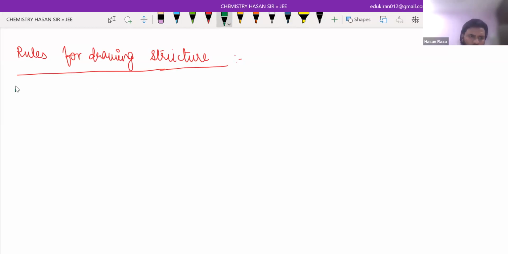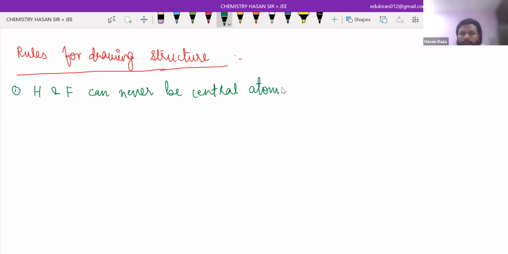The first rule says that hydrogen, H, and fluorine, F, can never be central atom. And I think everyone knows what is central atom and what is surrounding atom. If you are going to draw the structure of CH4 from class 10th, the structure is like this, or you can draw it your way.